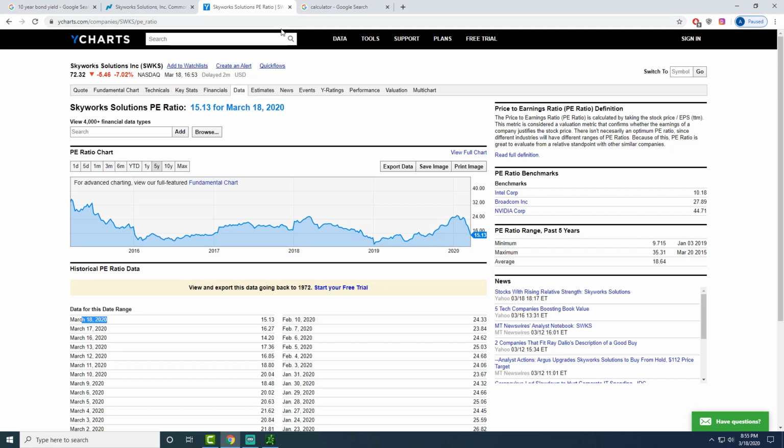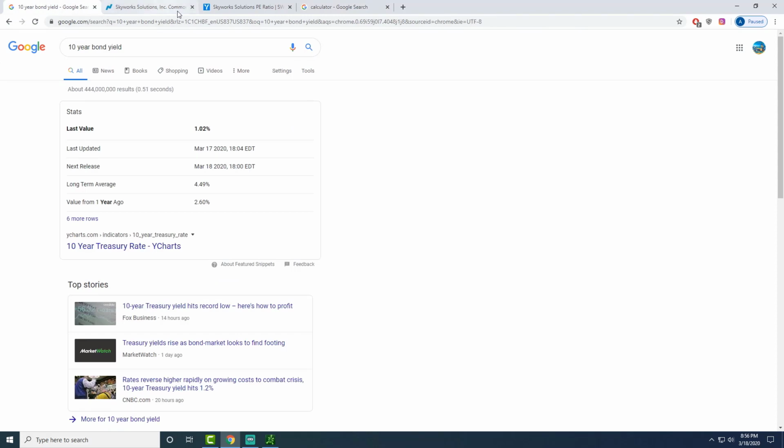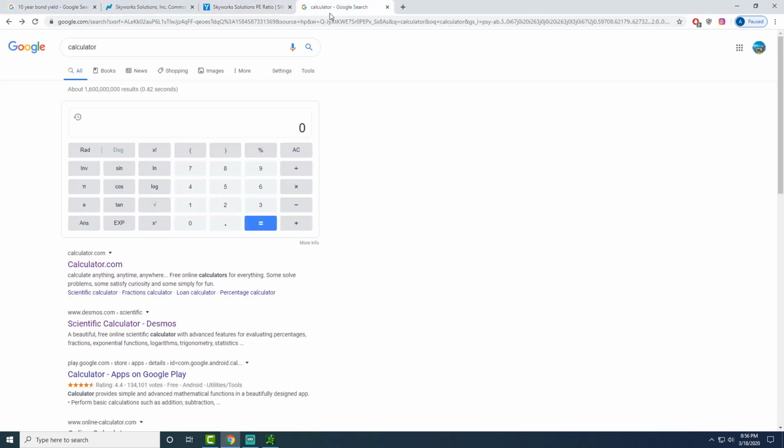So now what we're going to want to do is punch those numbers into a calculator using that formula that I showed you. I'm going to try and do that here for you guys and not stumble over this and look like a complete idiot. So what I like to do is start with the inside parentheses first. I just want to check the bond yield and make sure I got my math right.